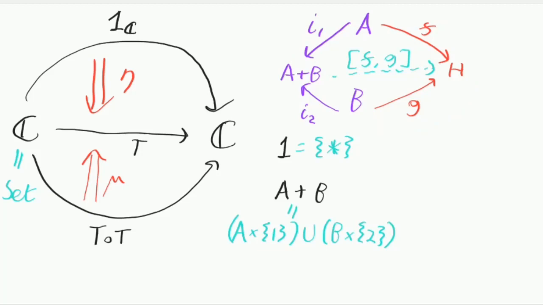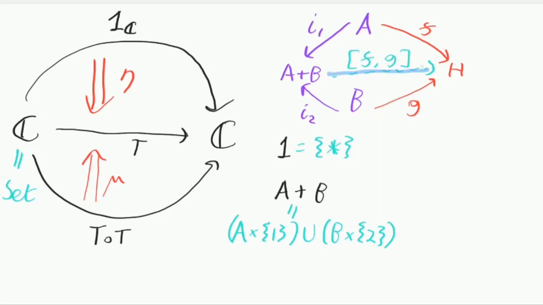Now, the way we can think of this in the category Set is that this is just the tagged union of A and B. This I1 here is just injecting the values from A into that set, and this is injecting the values from B into that set.